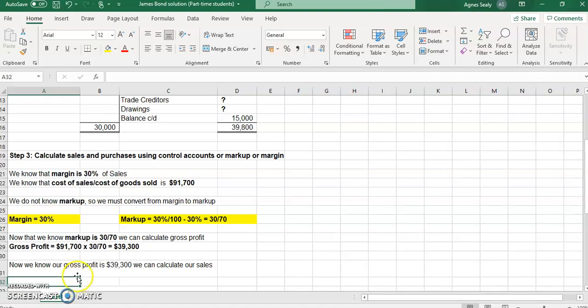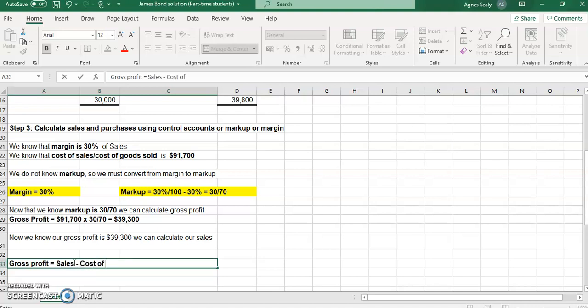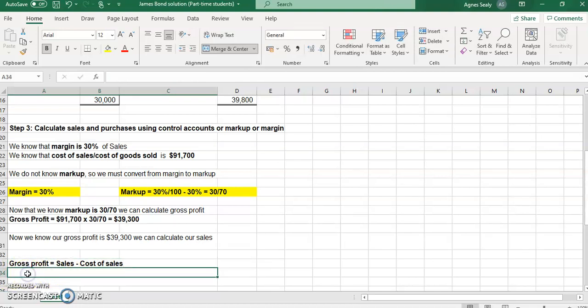Gross profit is equal to sales minus cost of sales, or cost of goods sold, as we were taught previously.